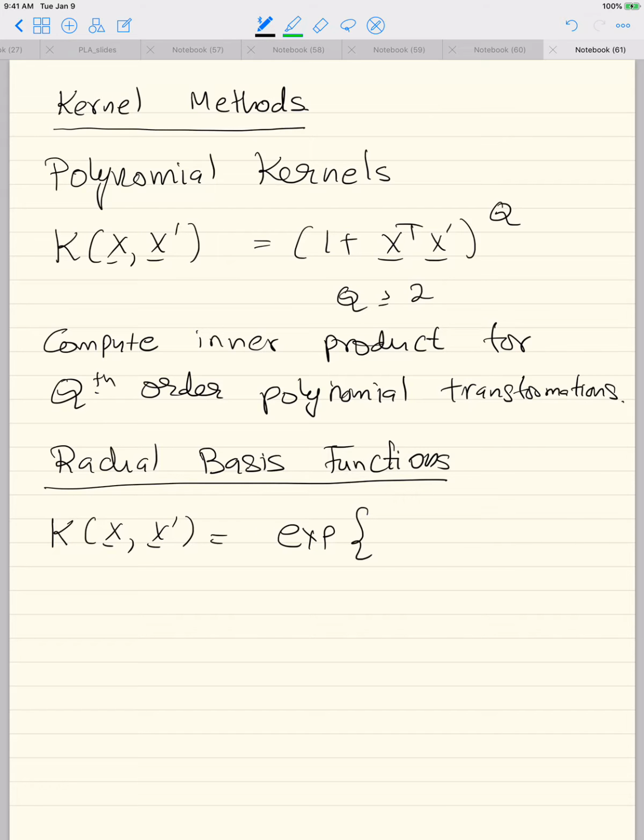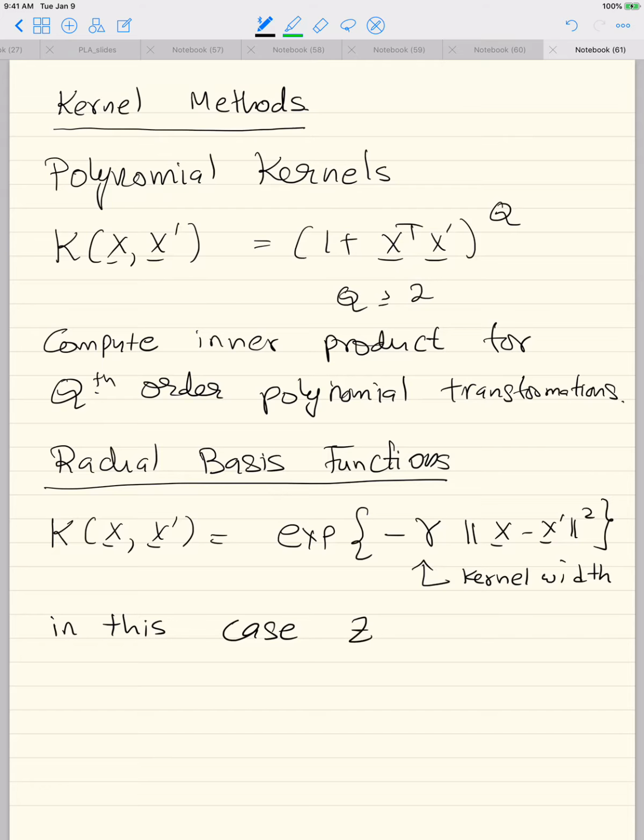It's the exponential of minus gamma times the norm of x minus x prime squared. So here gamma is known as the kernel width. It's typically a constant. And it turns out in this case, the Z space is essentially infinite dimensional.